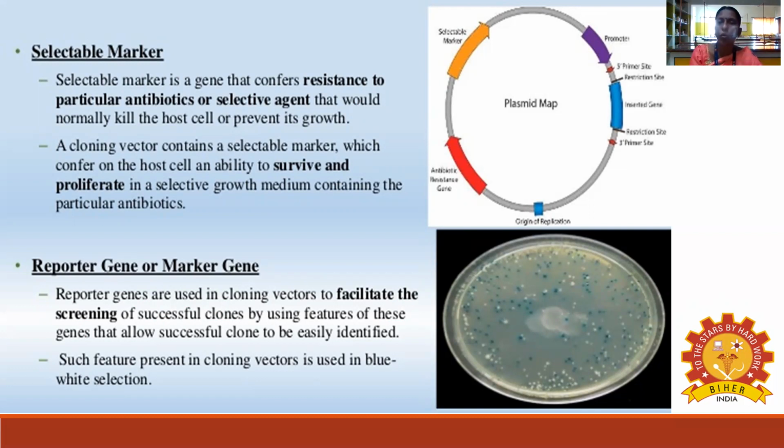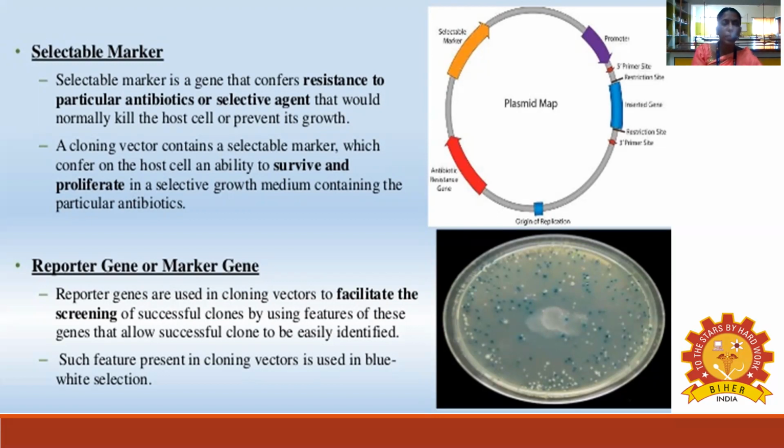So from that we identify the foreign DNA inserted into the plasmid. The colonies grow well, and then you get multiple copies of the desired DNA. So it confers on the host cell the ability to survive and proliferate in the selective growth medium containing the particular antibiotic.